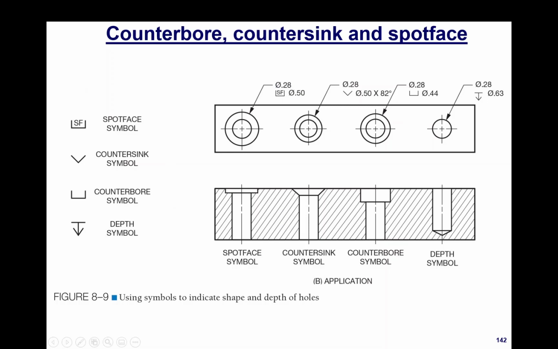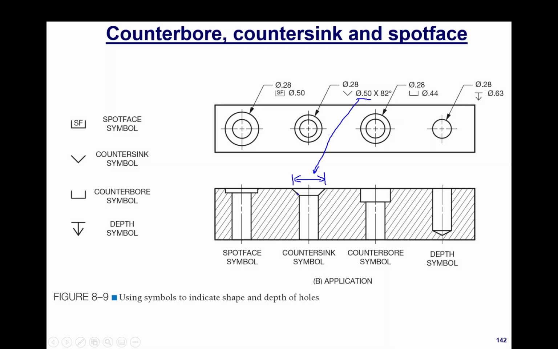So this is a 0.28 hole size, and this little V-looking symbol is telling us that there's a countersink. Because if you didn't have this side view, how would you know if this was a countersink, a counterbore, or a spot face? You wouldn't know. So this little V symbol means countersink, and then the decimal 0.5, again, speaks to the overall diameter of that. This is the 0.5 right here that they're talking about.